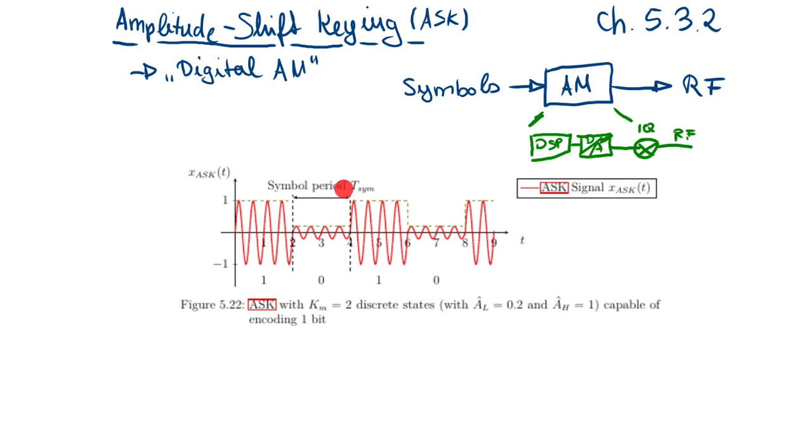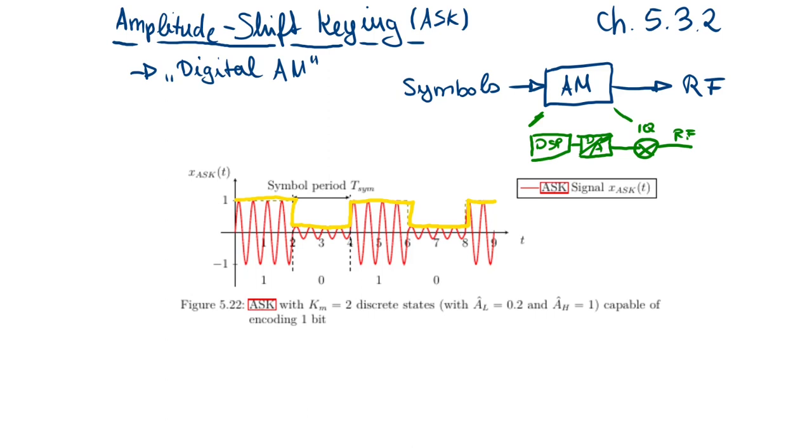The symbol period is related to the frequency of the signal which is modulated onto the carrier. Here in the AM, the envelope was the actual signal which is modulated onto the carrier, and this applies here too. The yellow line is the symbols over time.